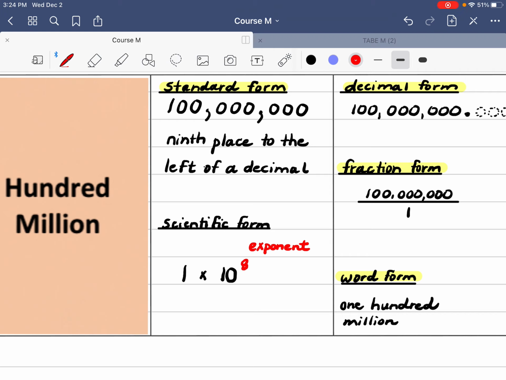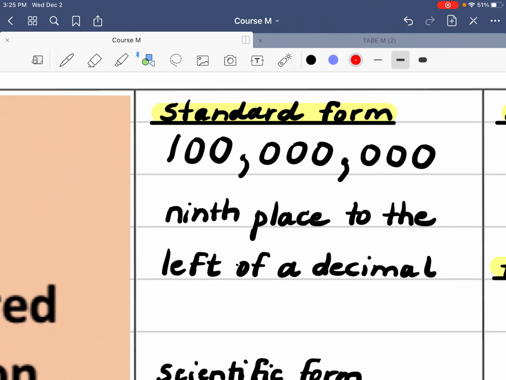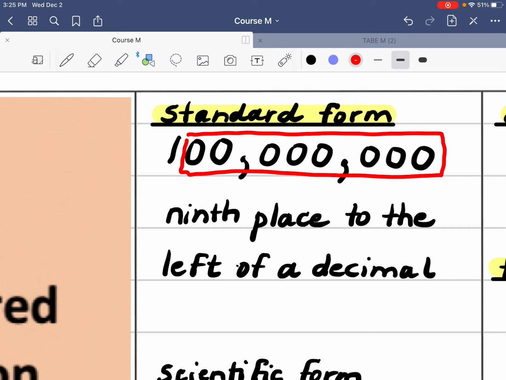So how did I know it's an 8? How did I know what my exponent is going to be? Here's how you know. You count the zeros. Go to your standard form, and you've got all these zeros lined up here. How many zeros are there in that box? There are 8.